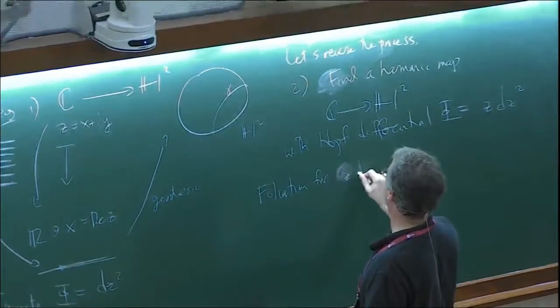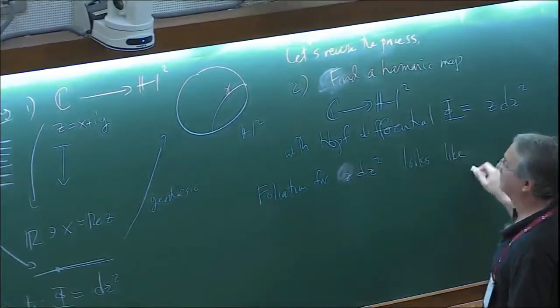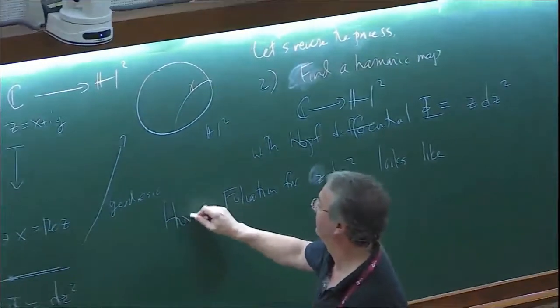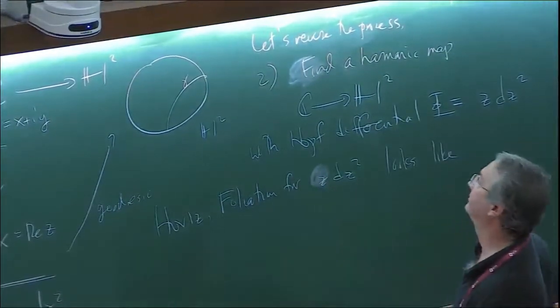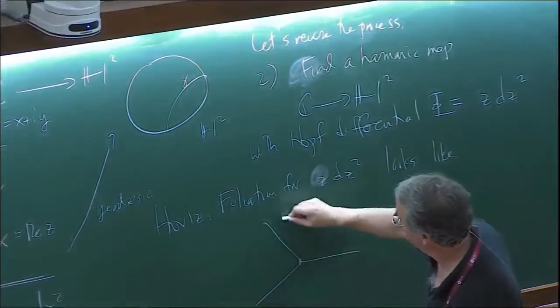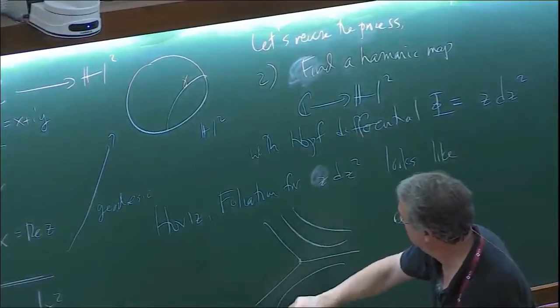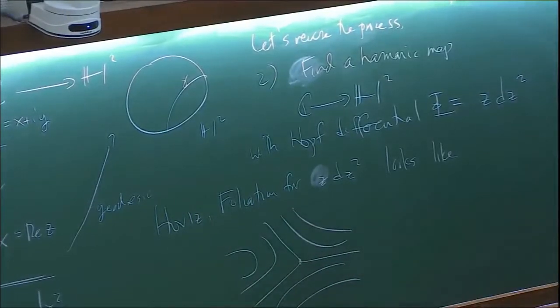Well, okay, so we know that the foliation for z dz squared looks like, and I'll say the horizontal foliation, just to start. It's going to look like this, if I set it up like that, you can work that out.